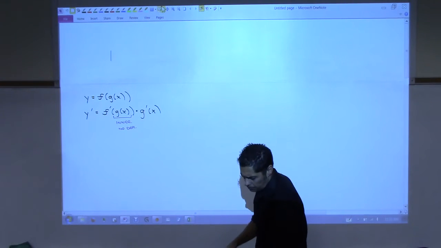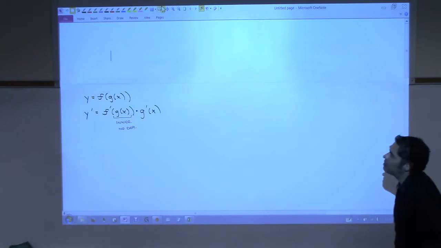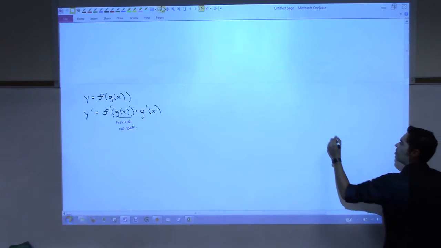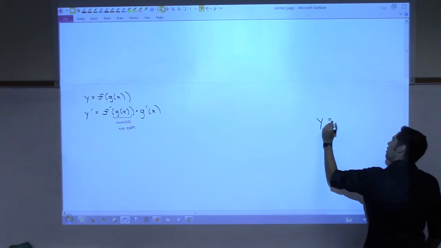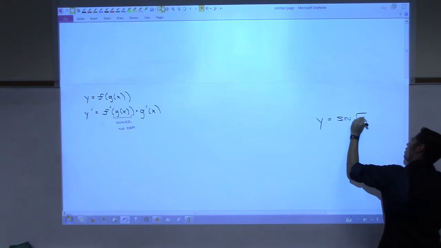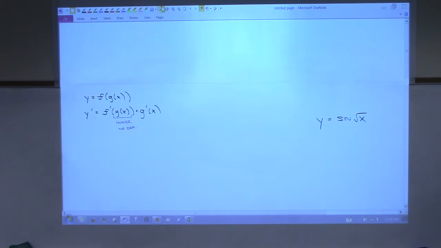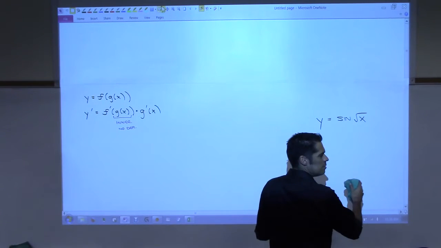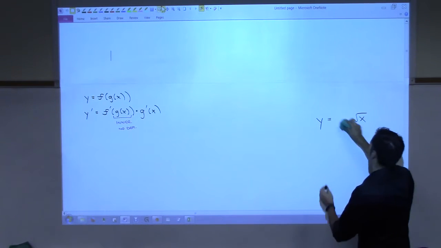How about we look at Leibniz notation? I just want you to see it. We did this problem earlier. Was it sine? No, it was secant root x. We did that earlier.